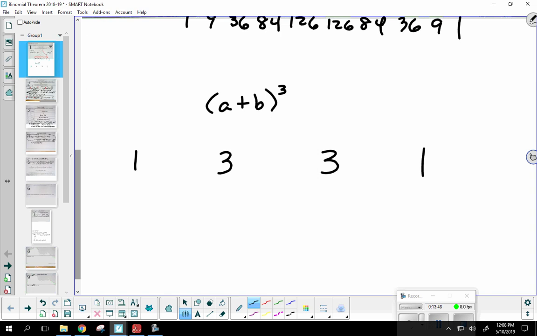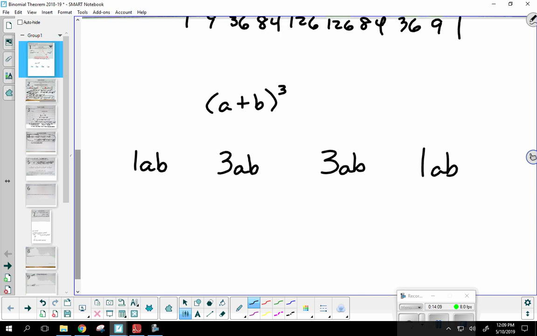Now why did I leave so much space between them? We have to put in the first term and the second term, which we refer to as A and B. So each one of these is going to have an A-B combination with it. Remember some of the patterns we were looking at the last time.